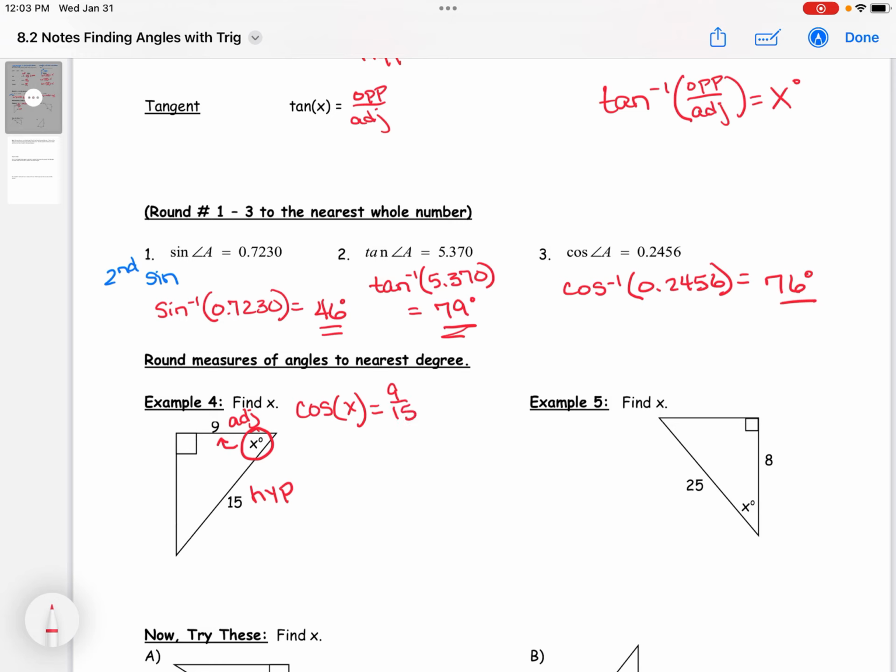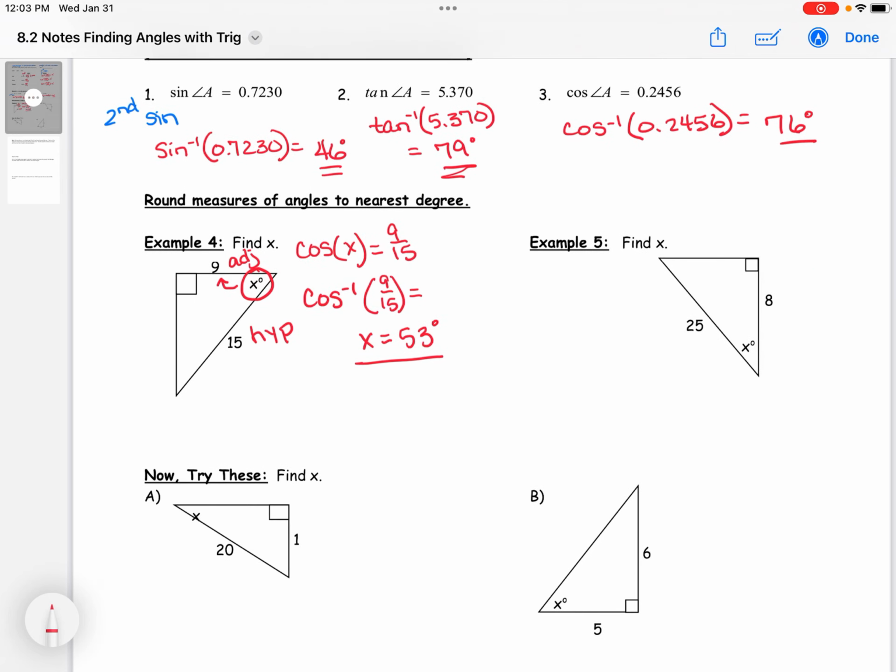I can change 9 over 15 to a decimal, but I can also just put the fraction in my calculator. So to work backwards, I do second cosine, open parentheses, 9 divided by 15, close parentheses, equals, and x equals 53 degrees.